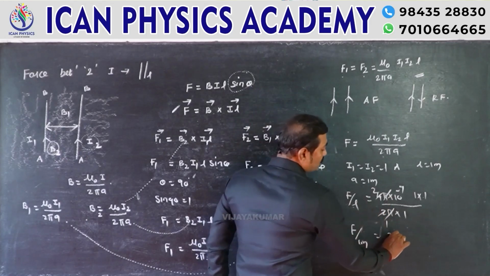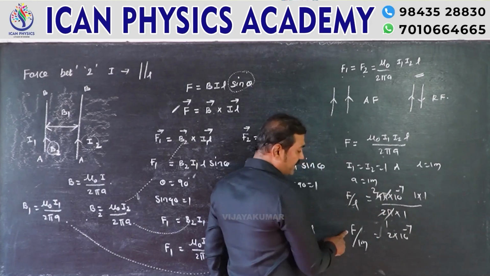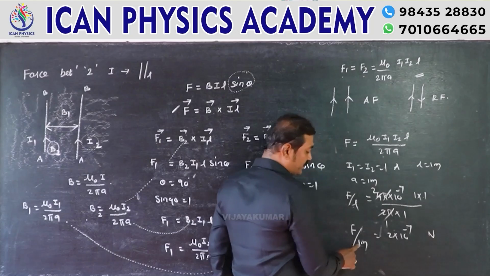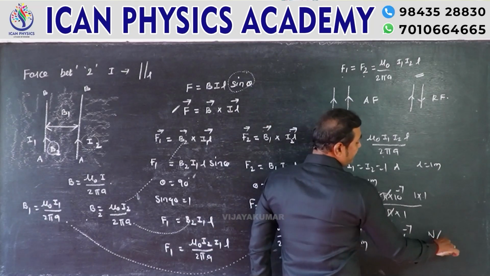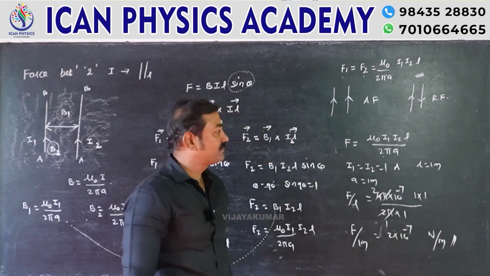So 2 into 10 to the power minus 7 is the force. The unit of force is Newton, and the denominator is meter, so Newton per meter.